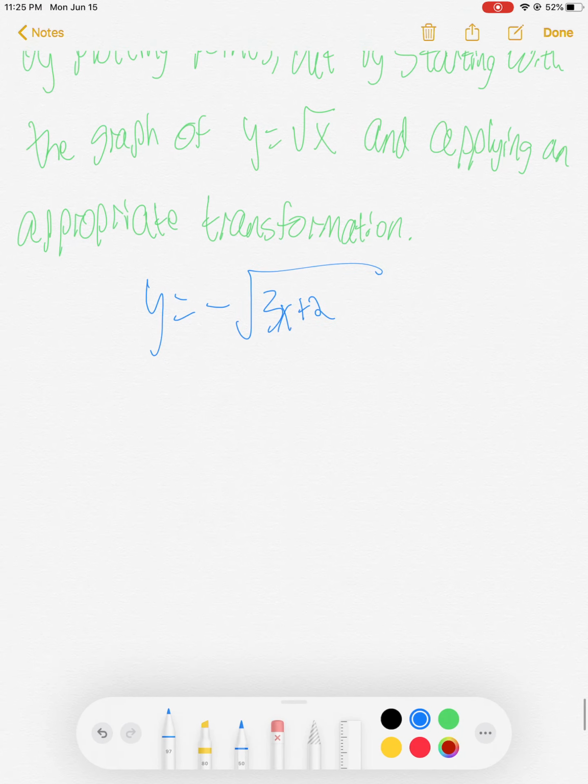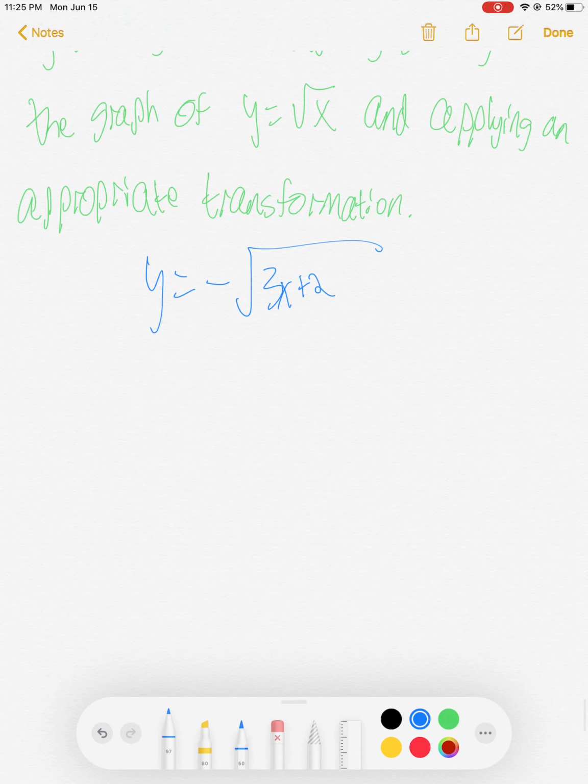All right. So the function which we're given in this problem is y equals negative root 3x plus 2. Okay.